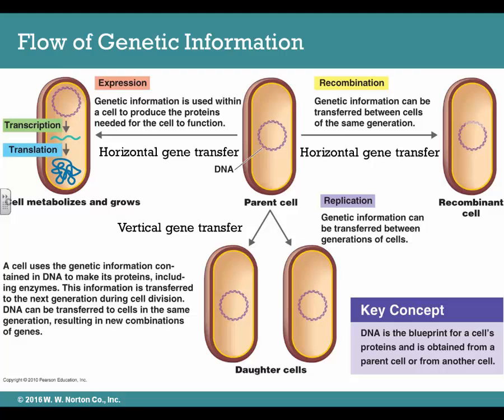But in bacteria, the flow of information can be through this expression of genes, or through replication, as we already mentioned. But it can also be through recombination. So even while a bacterium is not replicating, there can be some changes to the genome that occur through horizontal gene transfer.